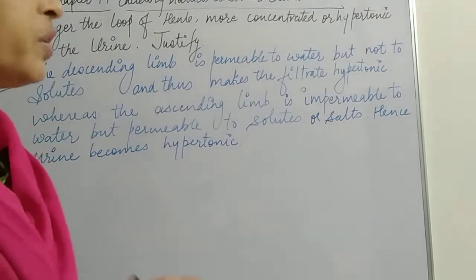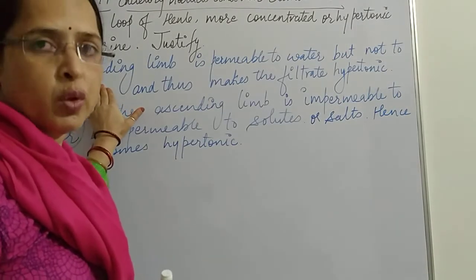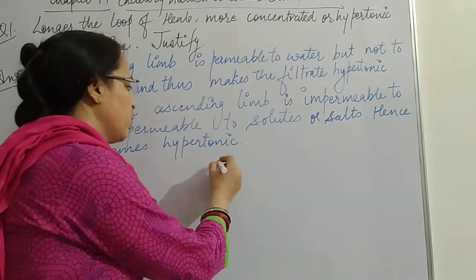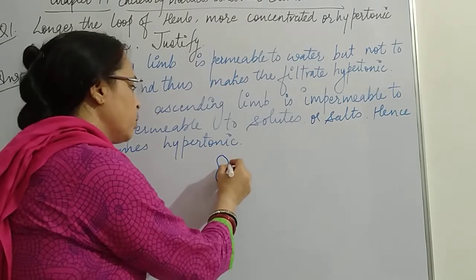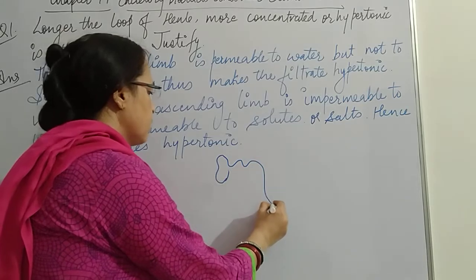So just have a look over here toward the answer. The descending limb is permeable to water. Means in the nephron, if I draw the diagram of the nephron, this is the Bowman's capsule, and over here comes the proximal convoluted tubule.